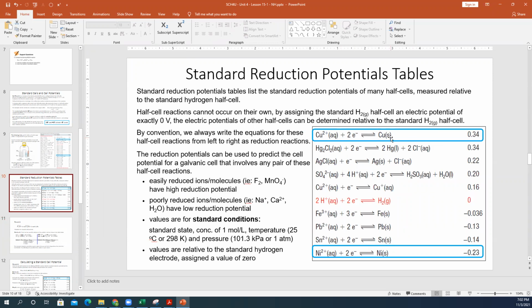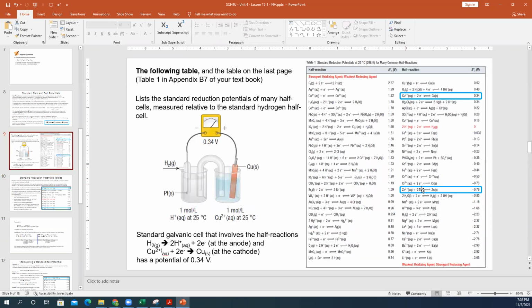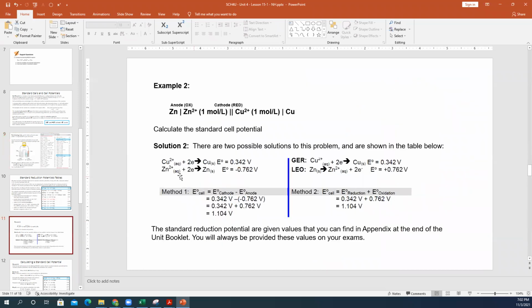These are always written as reduction reactions. And we can find the zinc one there too, and it has a value of negative 0.762. So we write down these reduction half reactions from our table. You note the values of the standard cell potential.